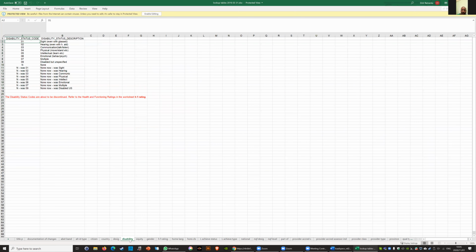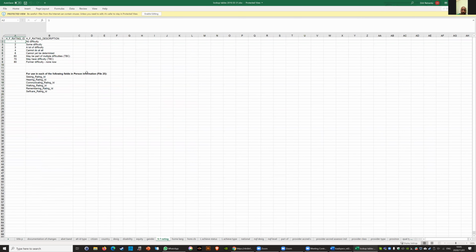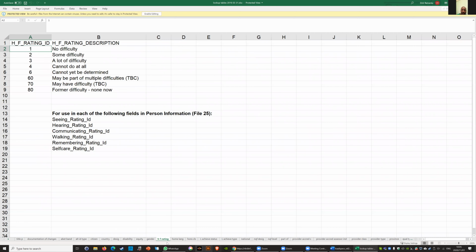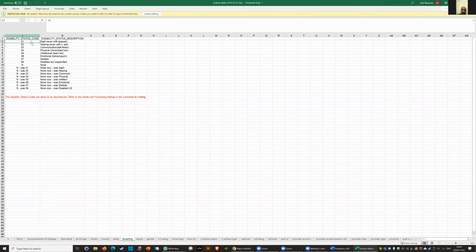You see here they've made it the disability. This one is still the old one. Then they say this health and functioning rating replaces the old disability codes.